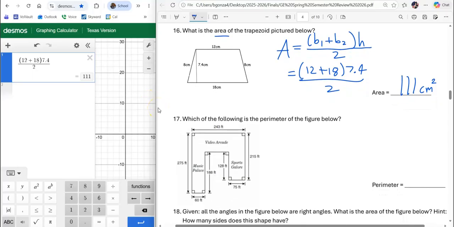Perimeter. Okay. So we're going to add this plus this plus this plus this plus this plus this plus this. Now hold up. Right here, we're missing one length. Okay.